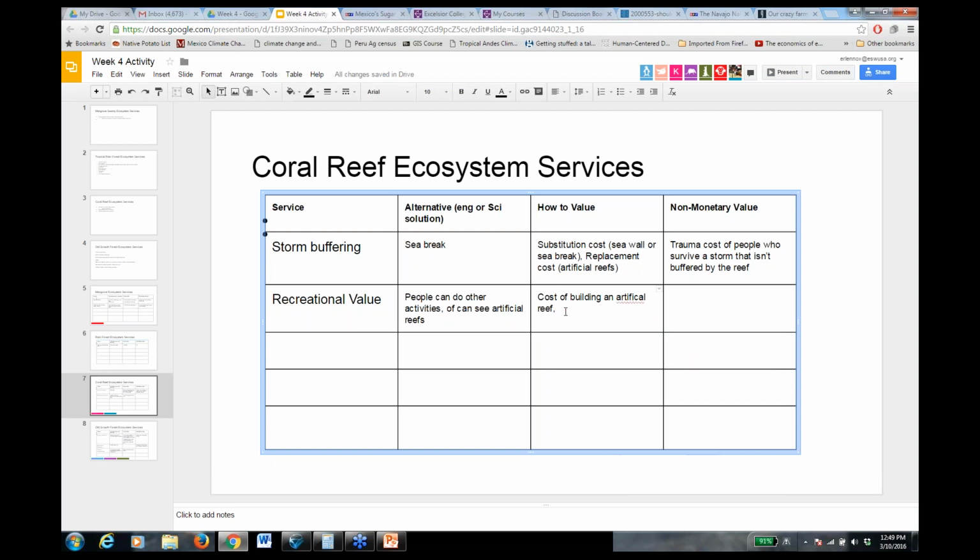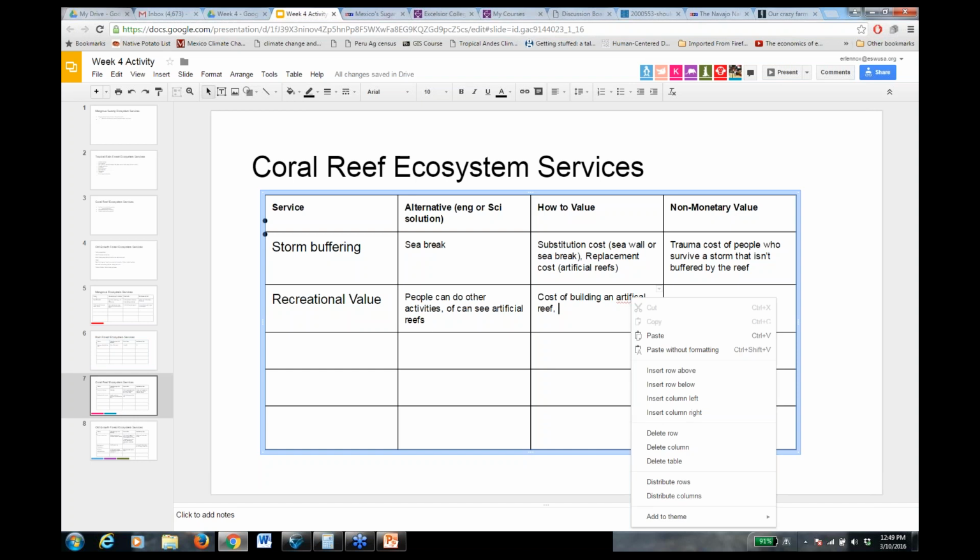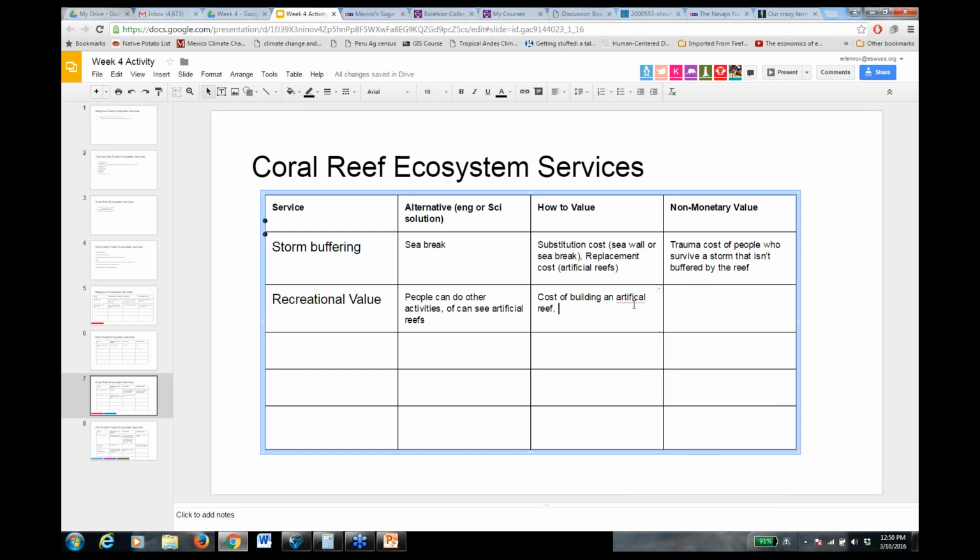Of course, as we talked about before in last class, there are these bigger values that are really hard to put dollars on, which is just the fact that these ecosystems exist and that people know that the rainforest is out there or coral reefs are out there, even if they never see them. So that's a value that applies to all of these and is very hard to value.